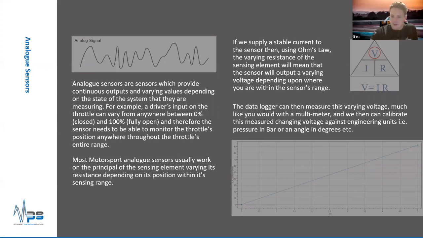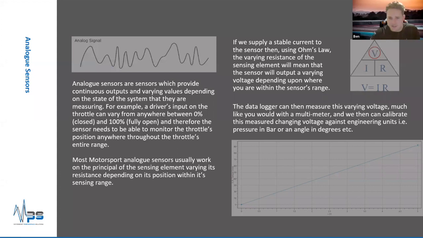And what we then do is we can calibrate a voltage against an engineering unit. So for the example of throttle position, it would be 2.5 volts equals 50% throttle, something like that. So what we do is we end up with a calibration curve which converts voltage into engineering units.